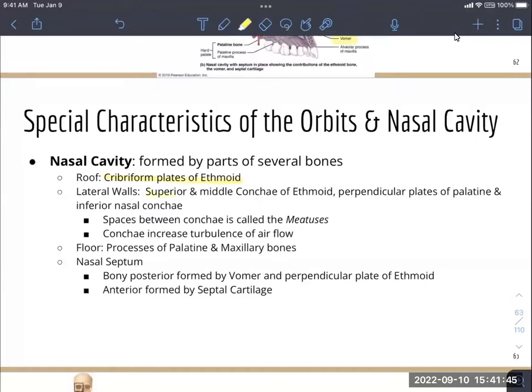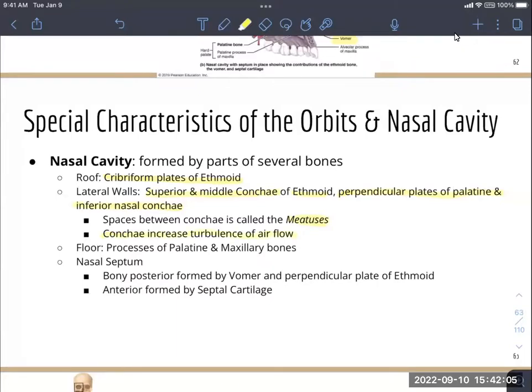The lateral walls are the superior and middle concha of the ethmoid bone, the perpendicular plates of the palatine bone, and the inferior nasal concha. The spaces between them, as I pointed out above, are the meatus. Those concha work to increase the turbulence of air.